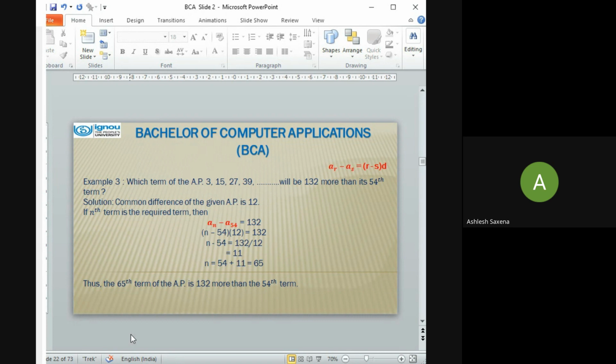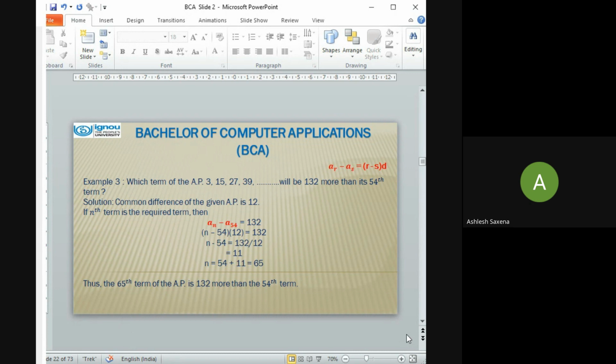You can see from here how it has been solved. What is the way of solving it? I'm repeating the question once again. Which term of the AP 3, 15, 27, 39 will be 132 more than its 54th term?